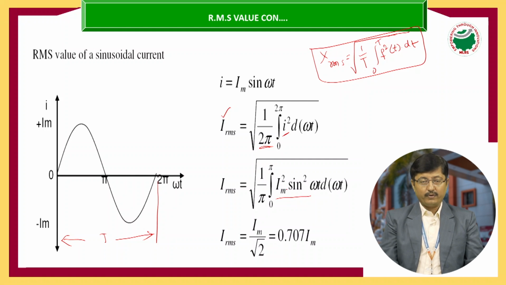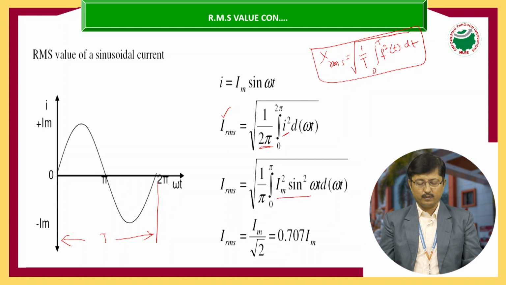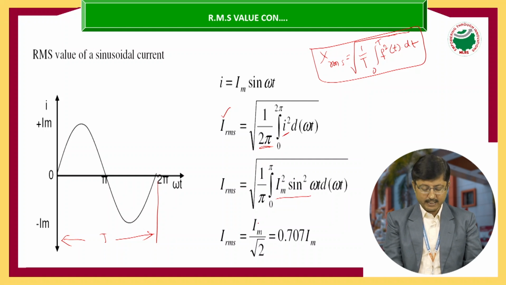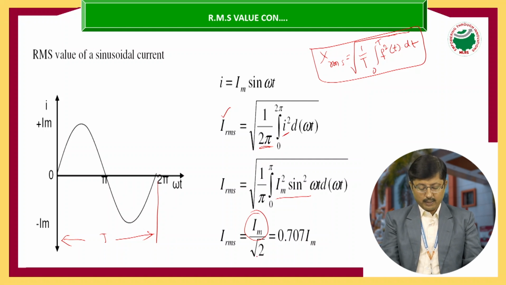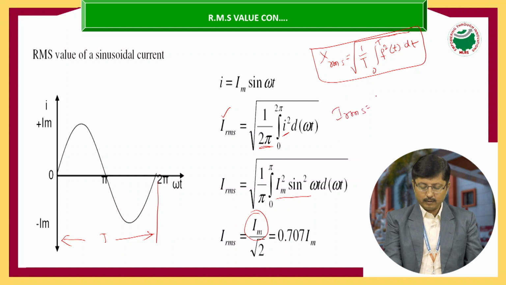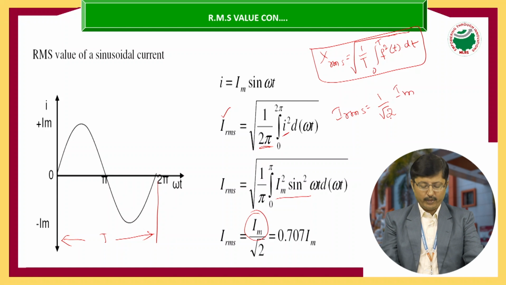We simplify this expression, apply the limits, and cancel the squares and roots. Finally we get I_RMS equals I_m by root 2, or simply I_RMS equals 1 by root 2 times I maximum.